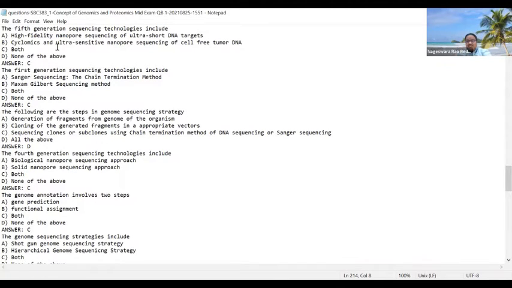Devika, what does the 5th generation sequencing technologies include? What are the two?